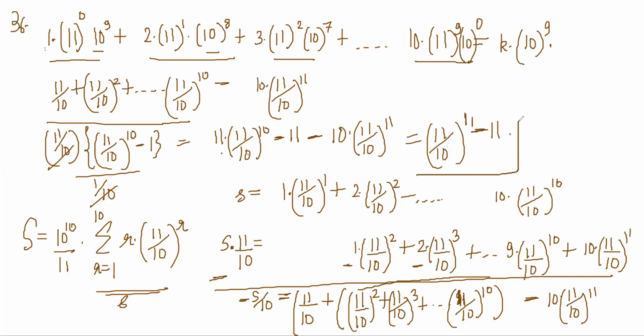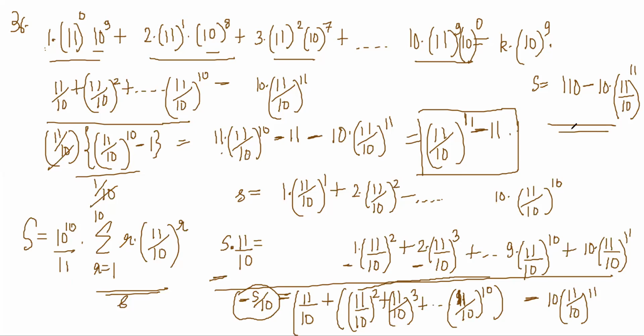This is the value of my minus S by 10. So S is equal to, multiplied by minus 10, it becomes 110 minus 10 into 11 by 10 to the power 11. And this S you have to multiply by 10 power 10 by 11 to get capital S.